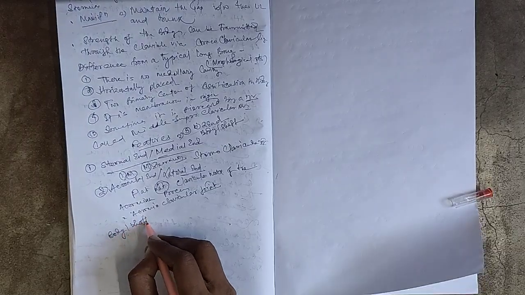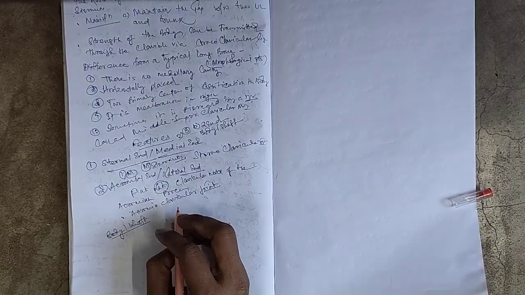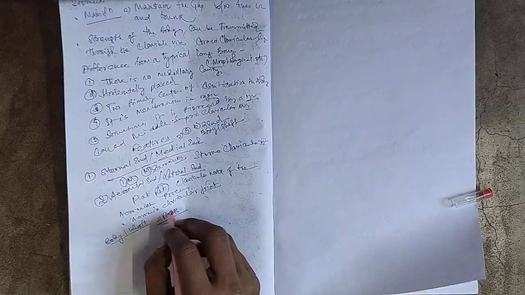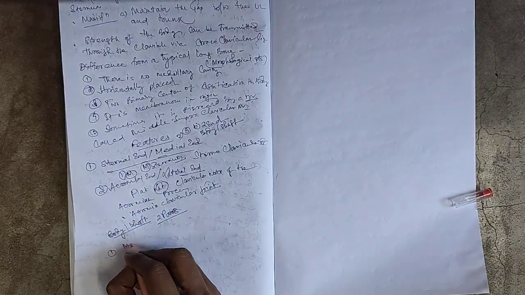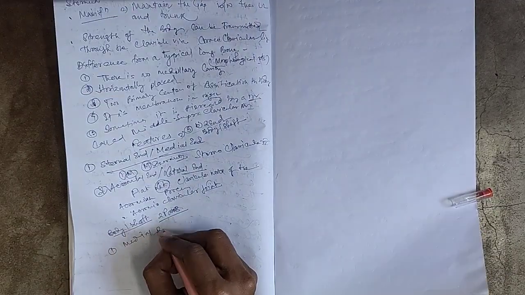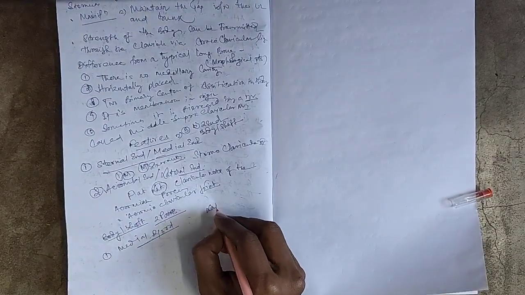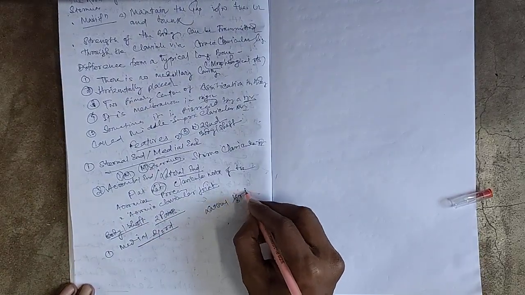Then the body or shaft. The body or shaft is divided into two parts: number 1, medial 2/3, and number 2, lateral 1/3.